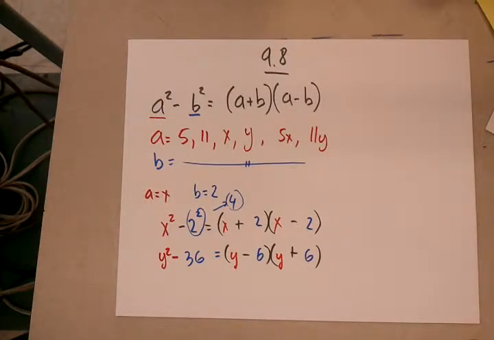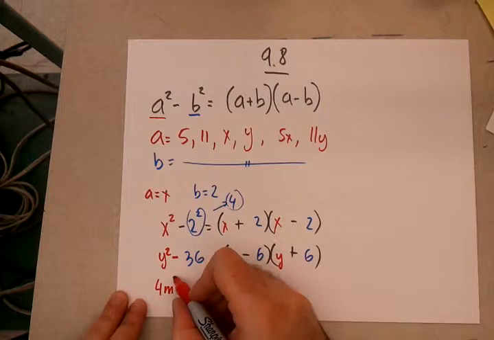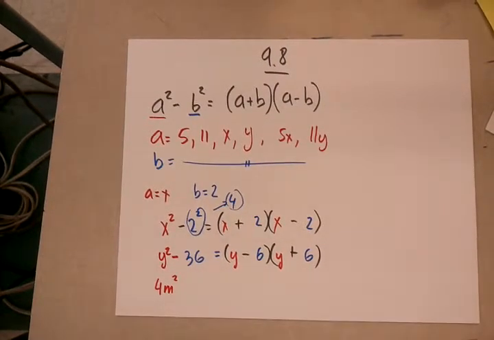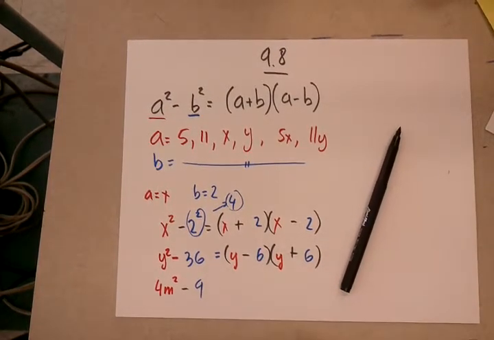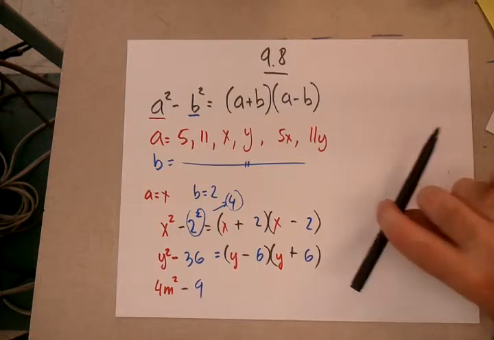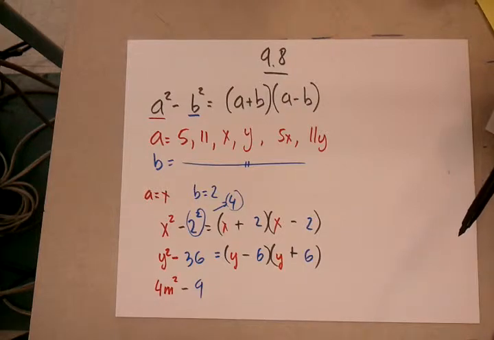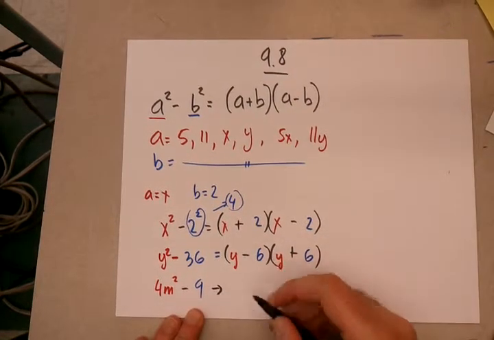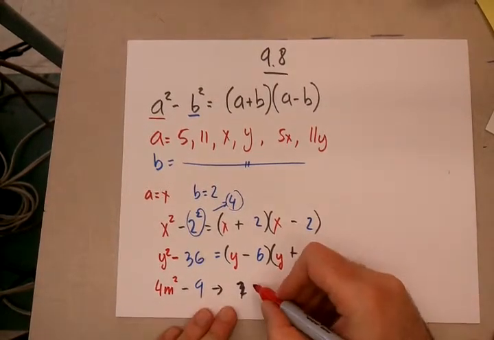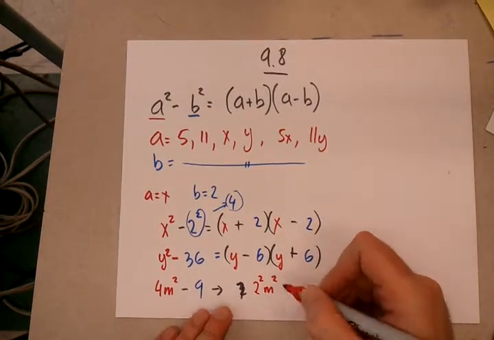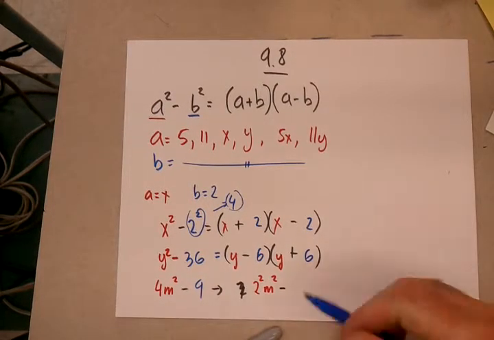Let's do another example. Let's say I have 4m squared minus 9. Remember I told you that A and B can actually be a combination of a number and a variable. So in this case, this is the same thing as, I'm going to color code it, 2 squared m squared minus 3 squared.